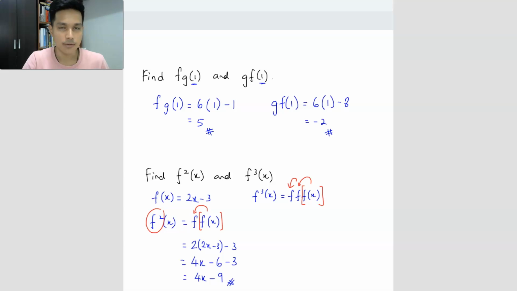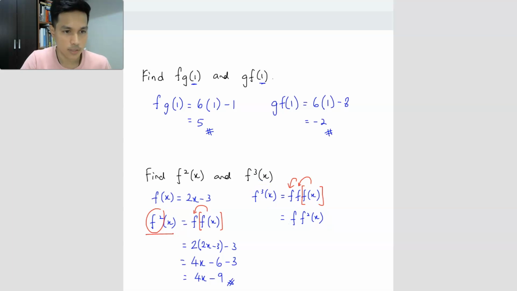But since you already have f2 here, which we have already calculated, you don't have to do such long steps. You don't have to make it so troublesome. What you can do is write f f2 x, because this is the same as f3. If you combine, you actually get f3.